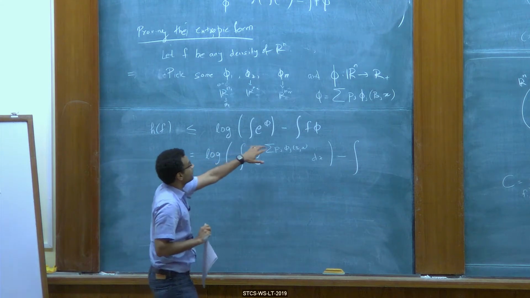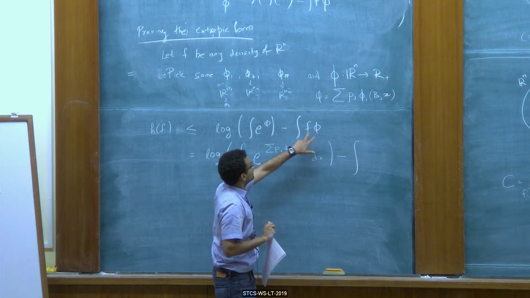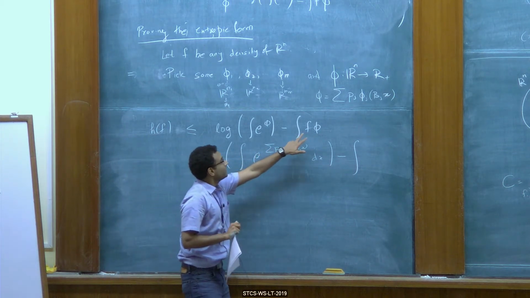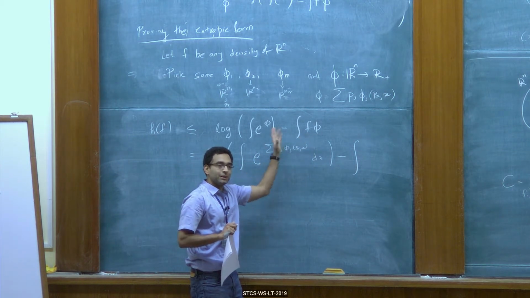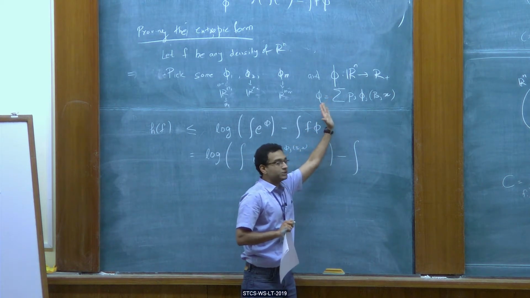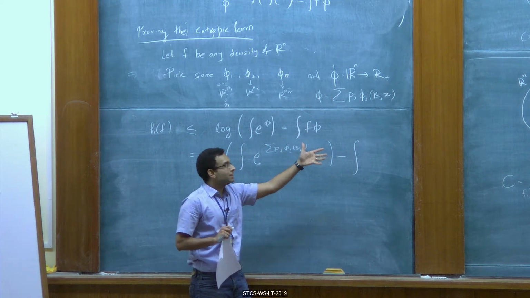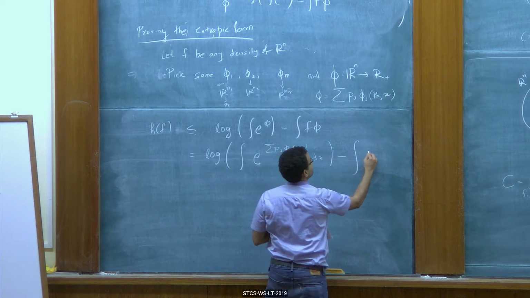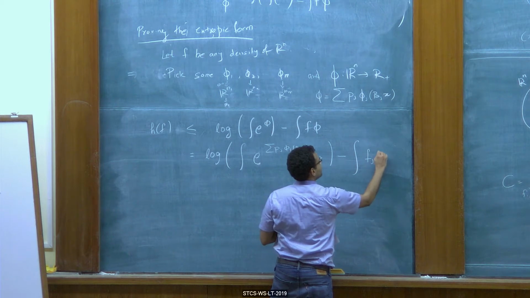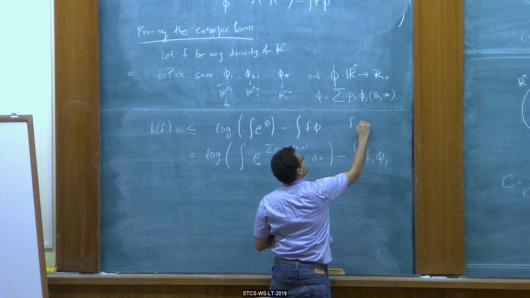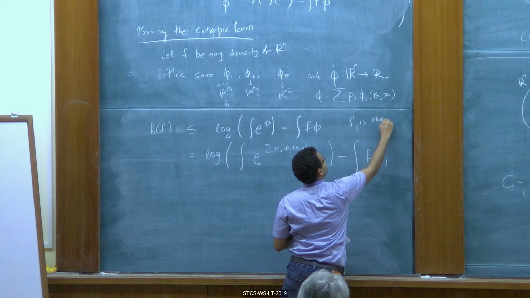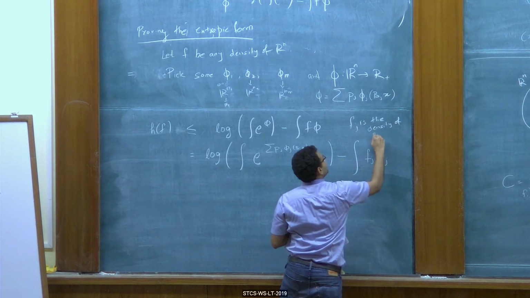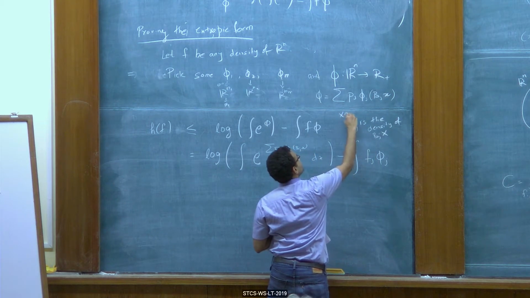So if you look at f phi, think of it as a random variable. What you're basically doing is taking the expectation of a random variable, and expectation of a summation is sum of expectations. So you can essentially write this term as the sum of pj times integral of fj phi j, where fj is the density of bj x if x is distributed as f.